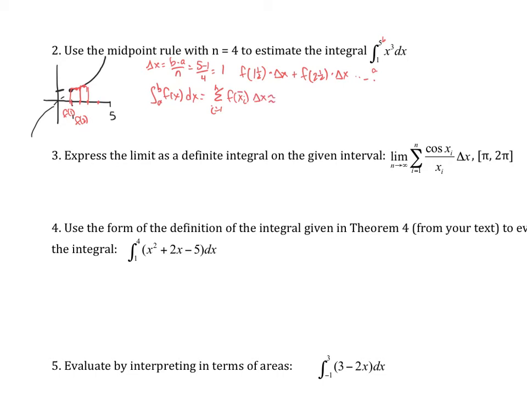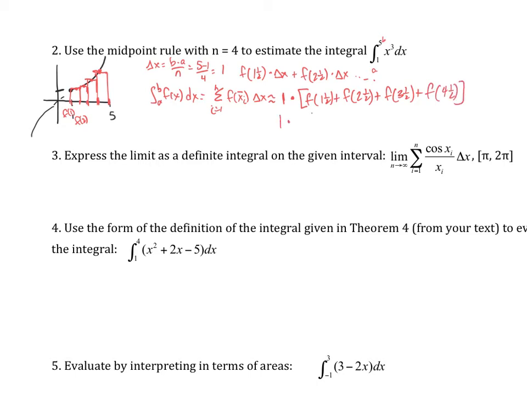I'm going to take out my delta x, which is 1, times f of 1.5, f of 2.5. Between 3 and 4, this will be f of 3.5. And between 4 and 5 right here, there is my midpoint rectangle. That will be f of 4.5.